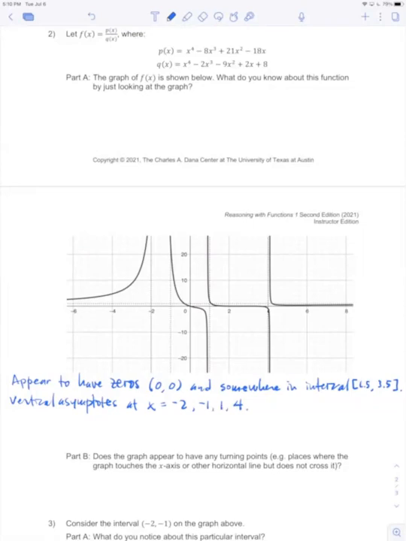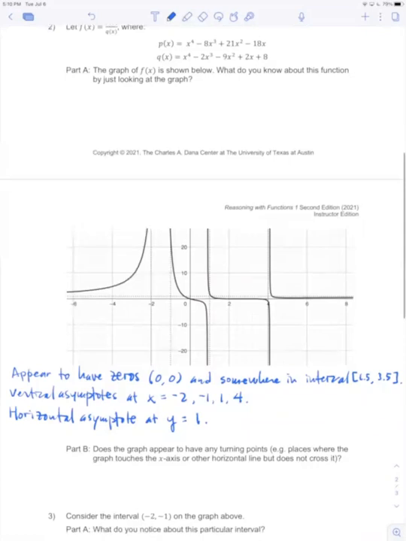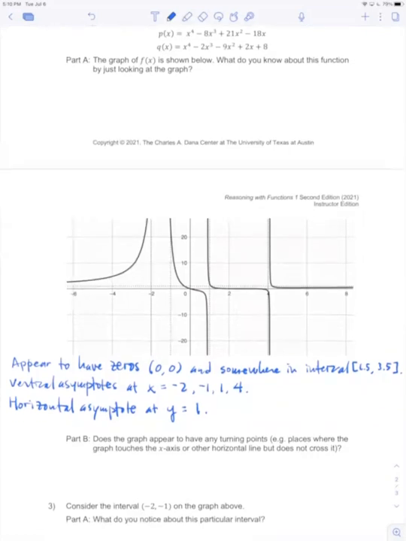And horizontal. There we go. When y is equal to 1.